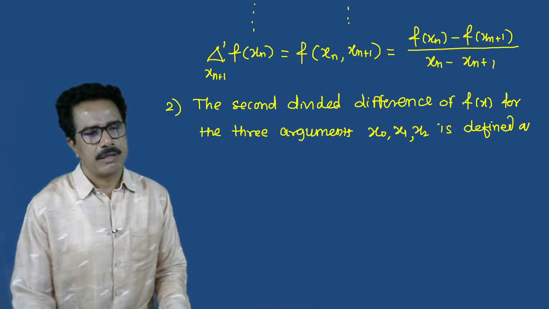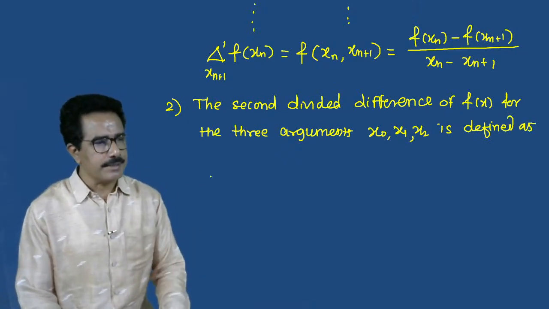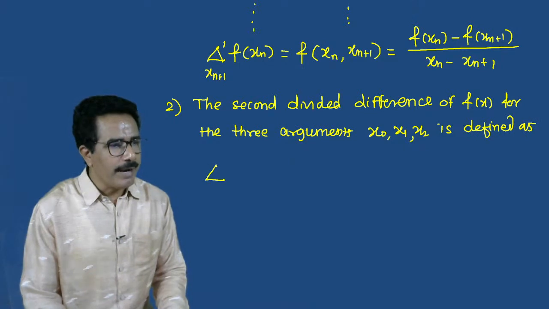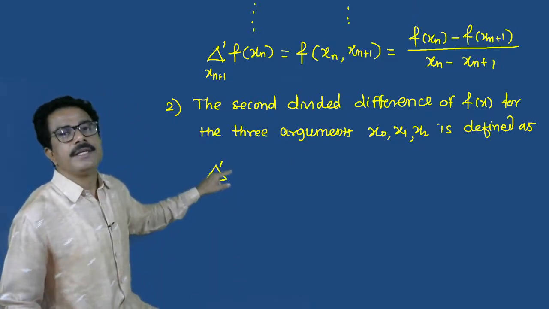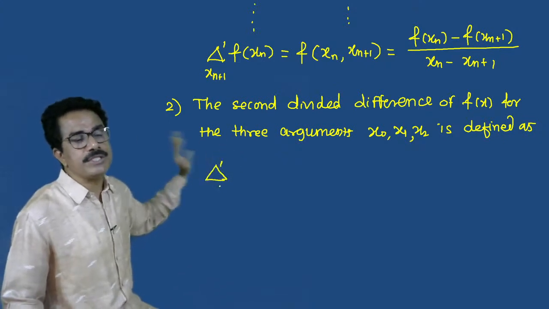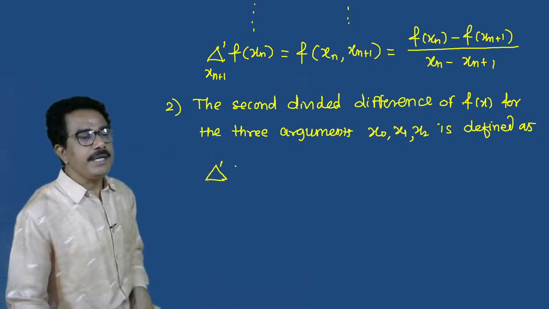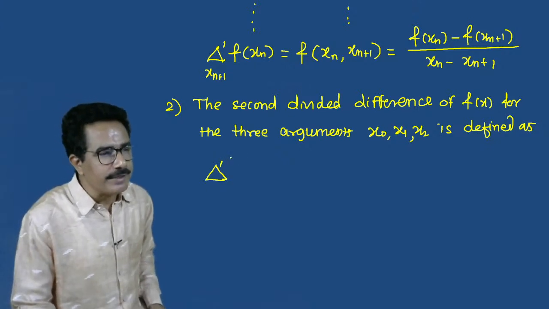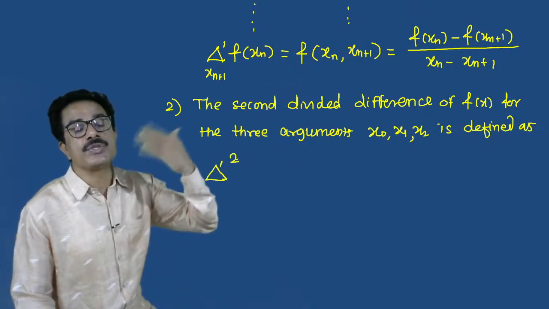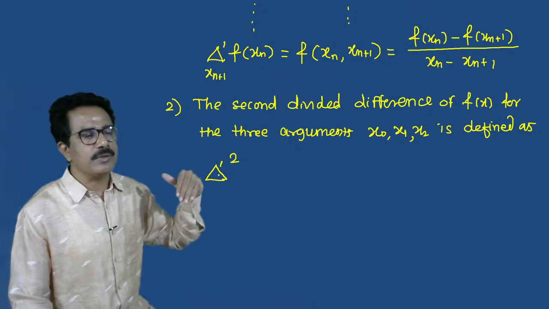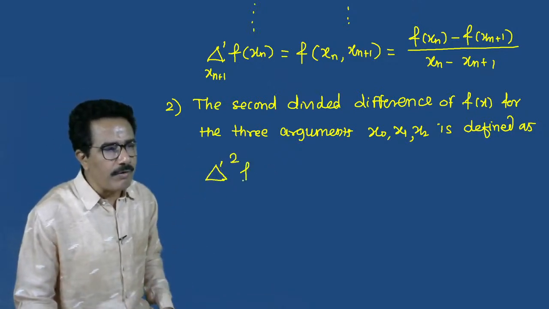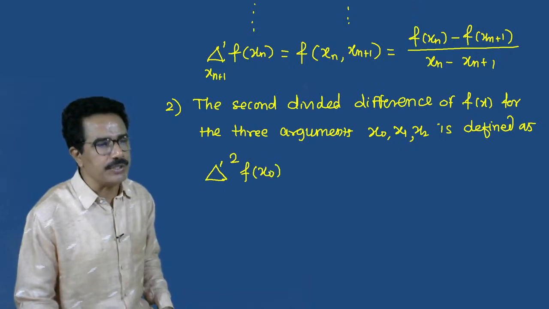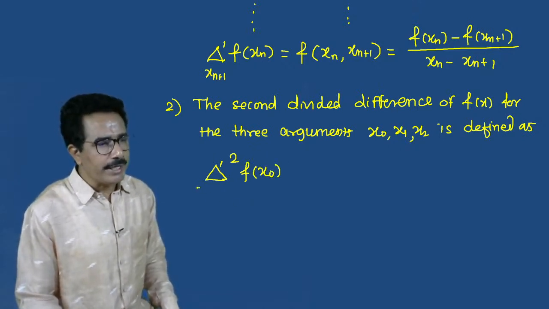x0, x1, x2 is defined as, how to define the second? See this, divided difference is denoted by delta dash. Its second divided difference is denoted by delta dash 2, or it is also known as the delta dash square. Delta dash 2 of f of x0 over x1 comma x2.